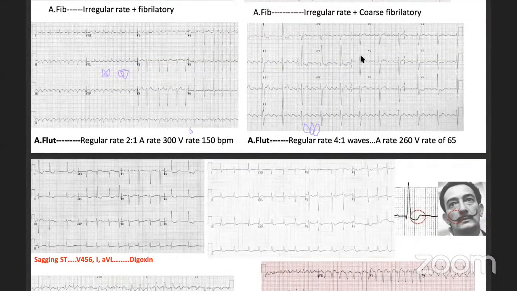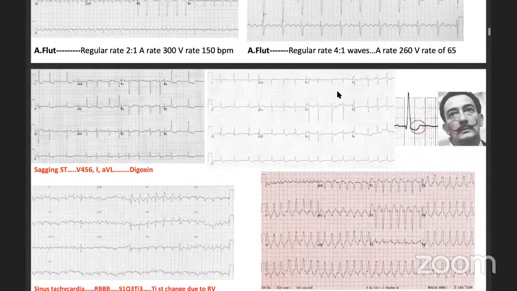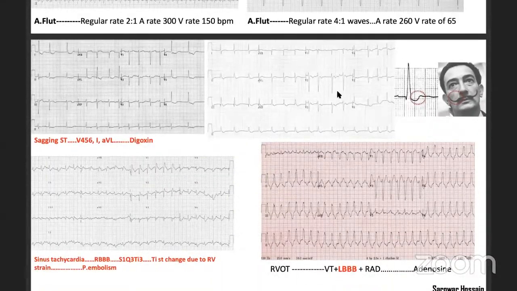This is that sagging ST, the Salvador sign. In leads 4, 5, 6, it's there. Here it is more in the lead 2, 3 area.